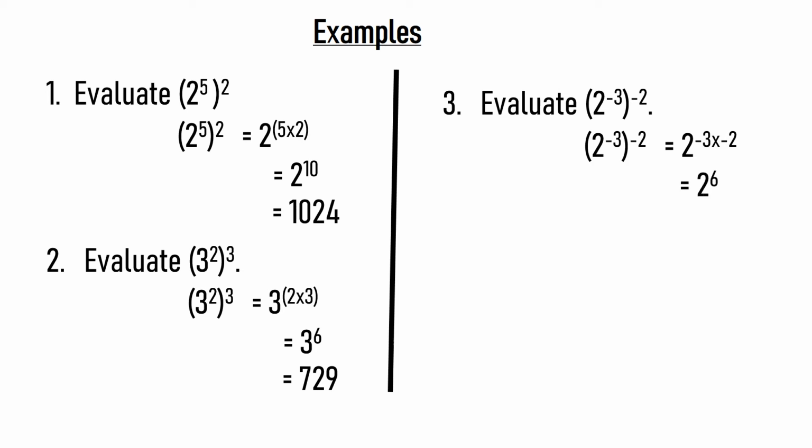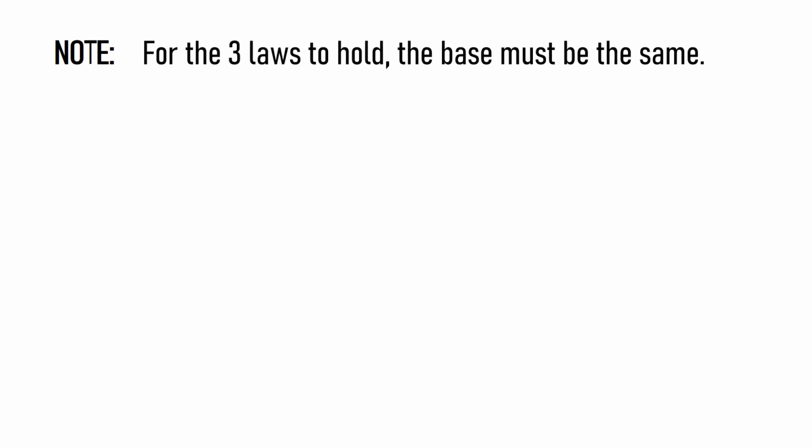So this becomes 2 power 6, which means 2 multiplied by 2 6 times, which gives us 64. Let's now take note that for the 3 laws to hold, the base must be the same, and that is what we call common base.